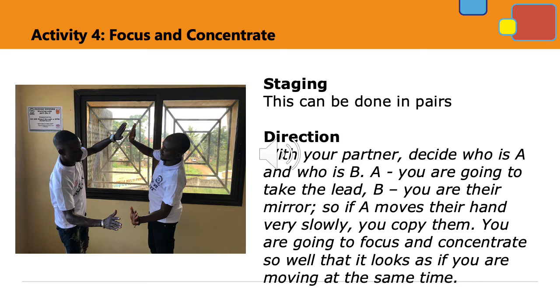A. You are going to take the lead. B. You are their mirror. So, if A moves their hand very slowly, you copy them. You are going to focus and concentrate so well that it looks as if you're moving at the same time.